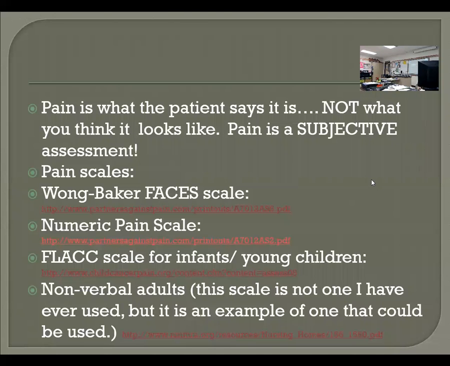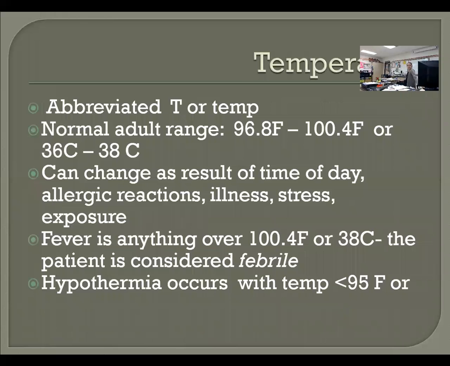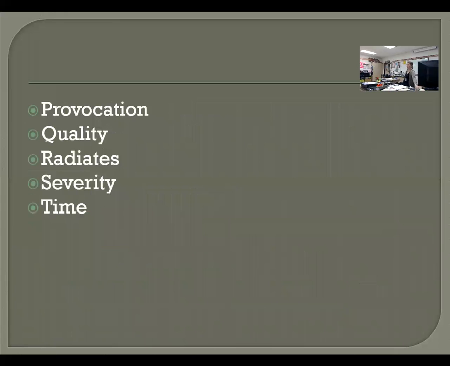Anyway, it would be kind of like that FLACC scale, same idea. You look at how their muscles are tensed up, do they respond when you talk to them, things like that.